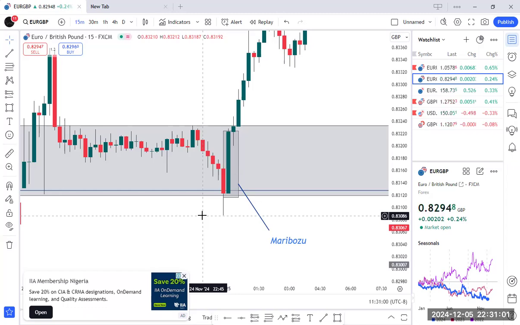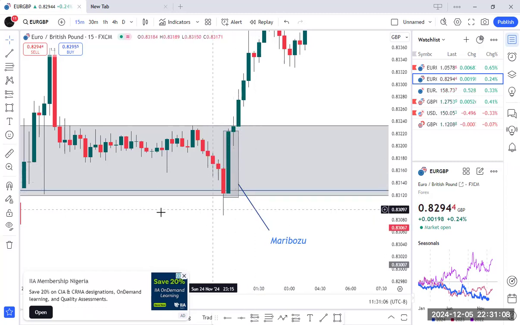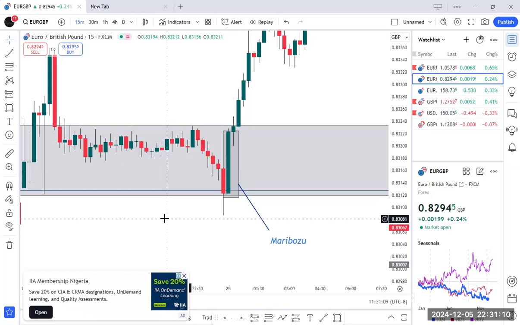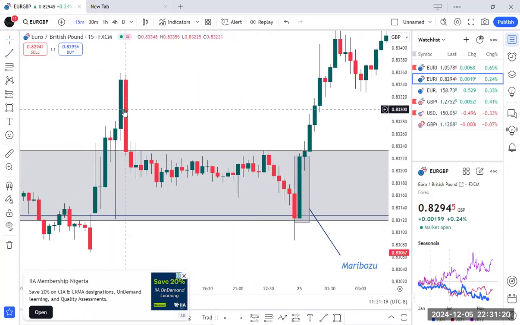So this is a bullish Mariposa candlestick, because we have a bearish Mariposa and a bullish Mariposa candlestick. This bullish Mariposa candlestick is joining with this, showing us a bullish engulfing. Immediately this engulfing appeared, what happened?